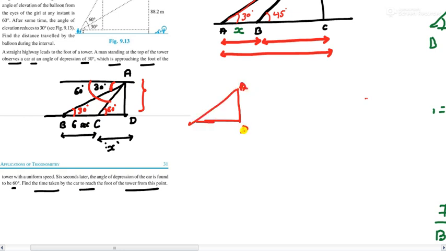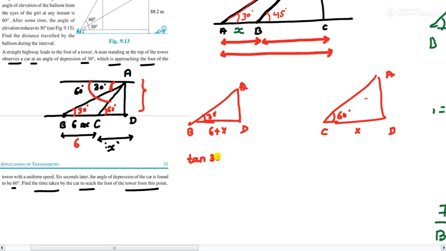This is A, D, B, the angle is 30. And in another figure, it is A, D, C, and here the angle is 60. So this is 6. I will name CD as x. So BD will be how much? It is 6 plus x, and CD is just x. So let us solve this.